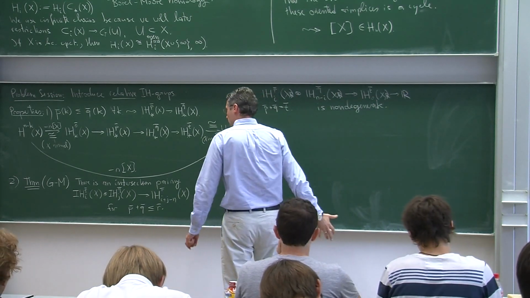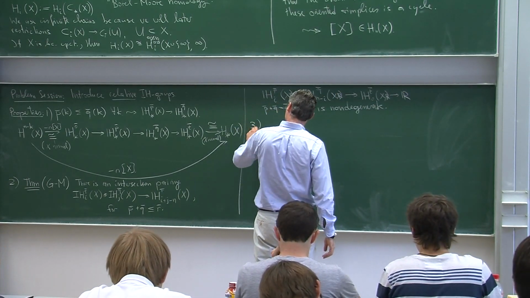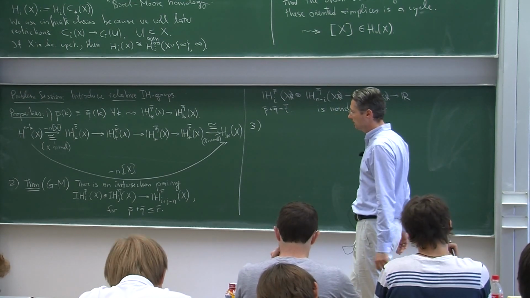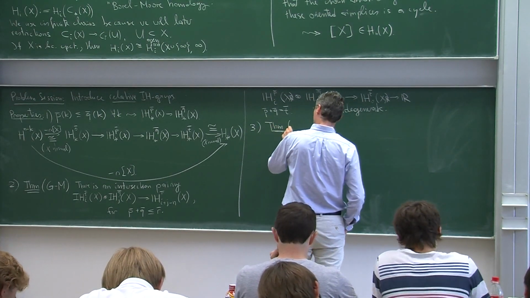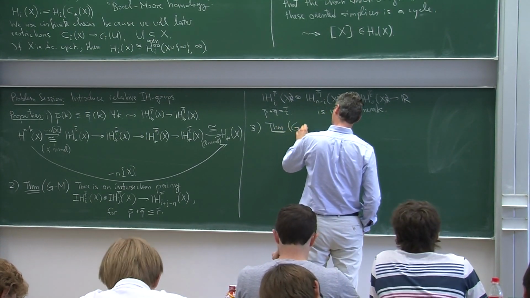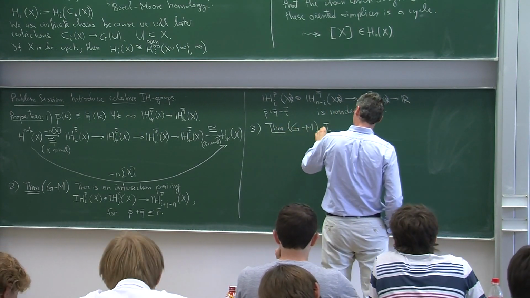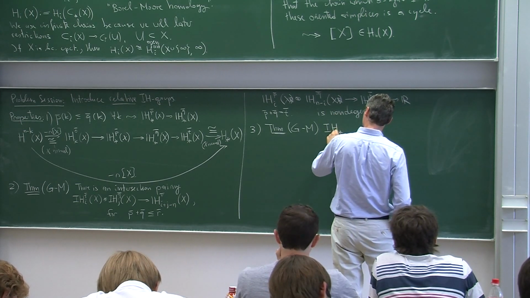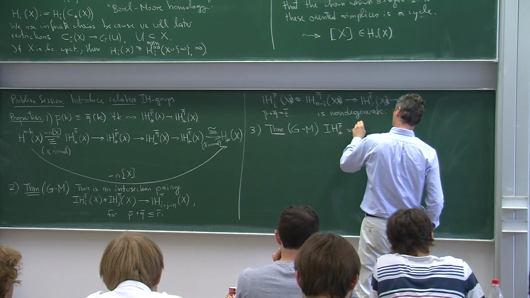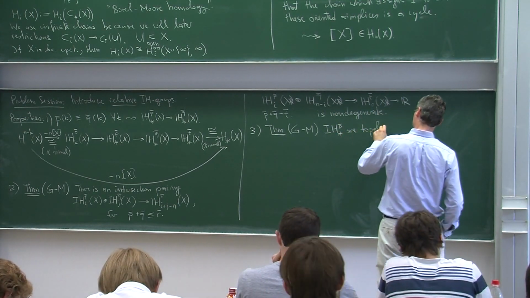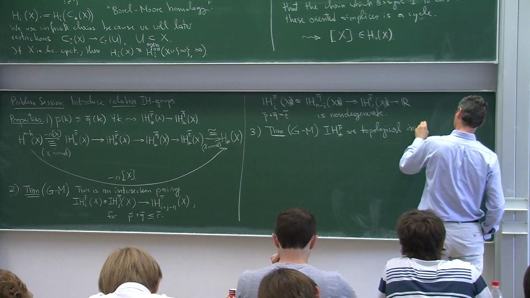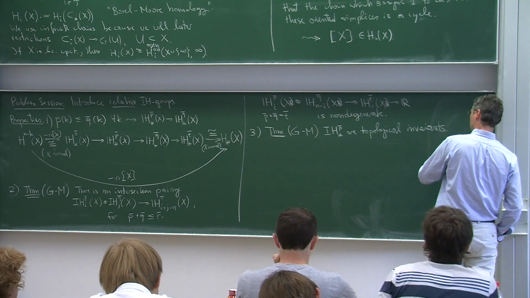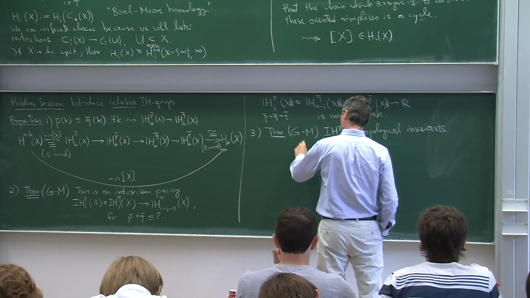And a third property that one should mention, perhaps already, is the other main theorem: that these groups are in fact topological invariants. So in particular, independent of the stratification.